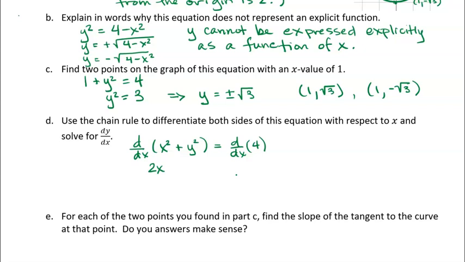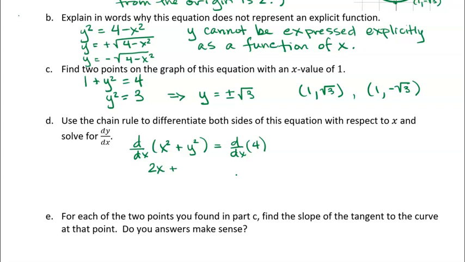All right, and we're going to use the chain rule. So just treat y as if it's some sort of function of x, right? So the outside function is the square, right? And then inside of that is this y value that has some relationship to x. All right, so we treat it like a function of x.